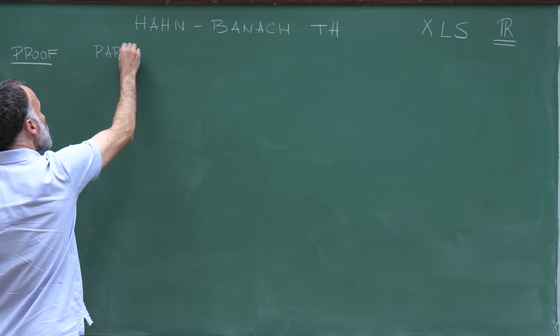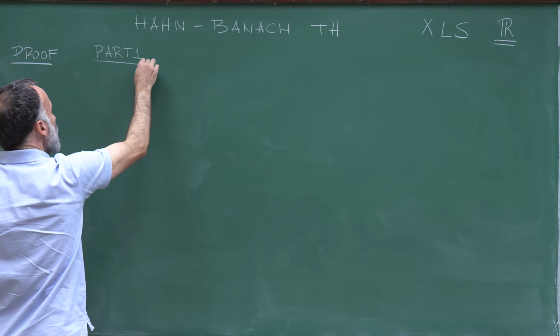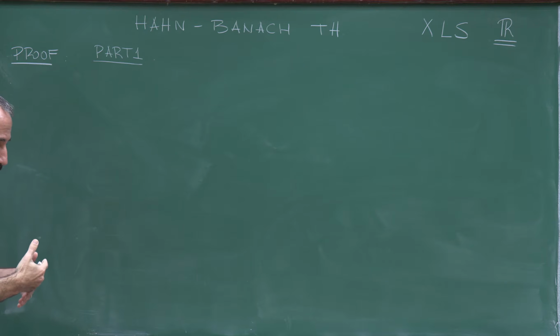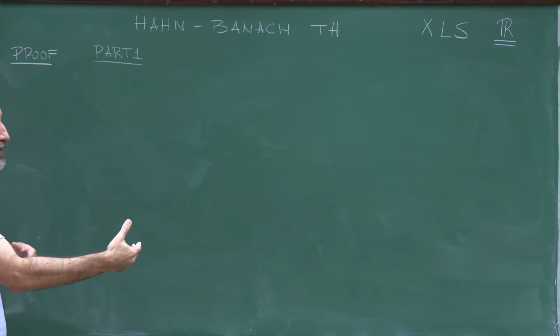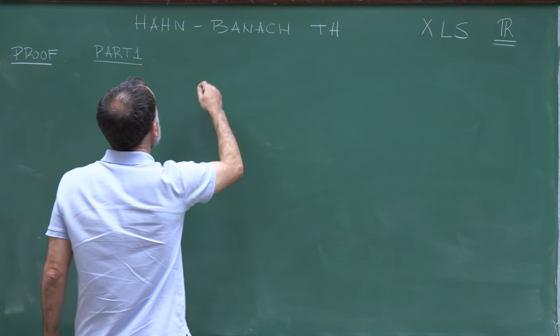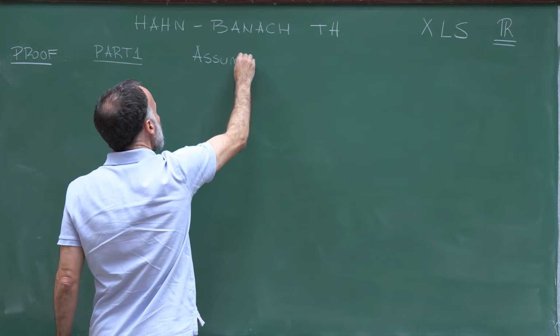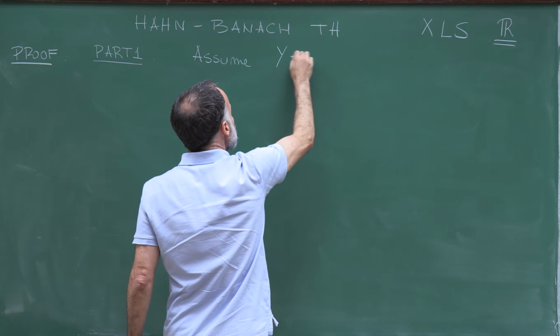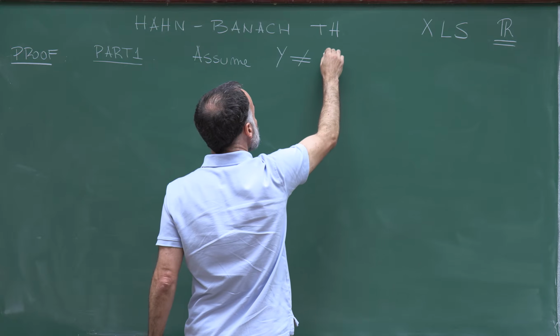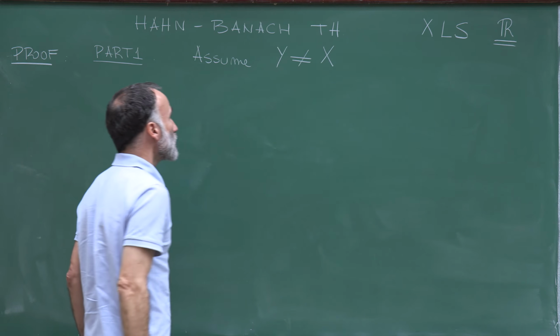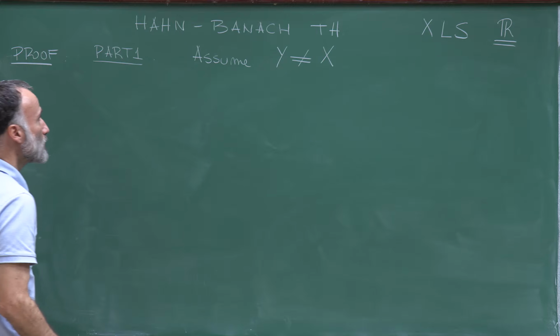In part one, which I will present now, what I will do is extend my functional L to a further dimension. So I assume that Y is different from X, so that Y is a proper subspace.